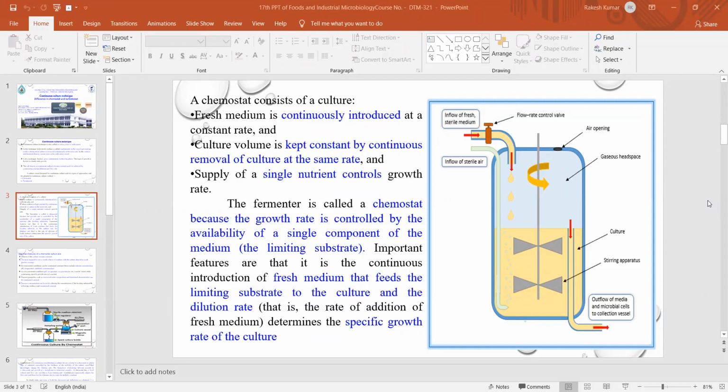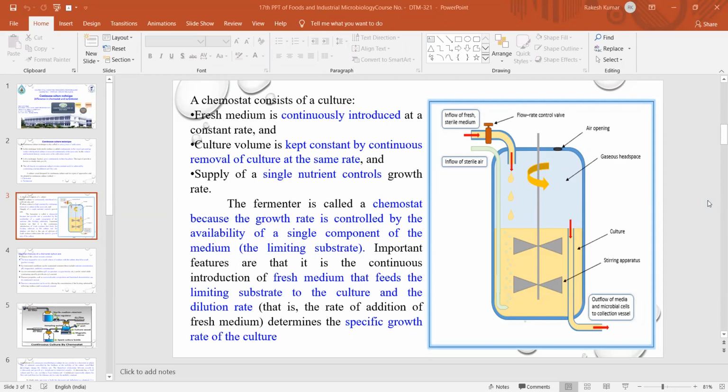So just by maintaining the flow rate of the selected substrate, you can maintain a fixed volume inside the vessel, and automatically you have to control the dilution rate. So the rate of addition of fresh medium determines the specific growth rate of the culture.